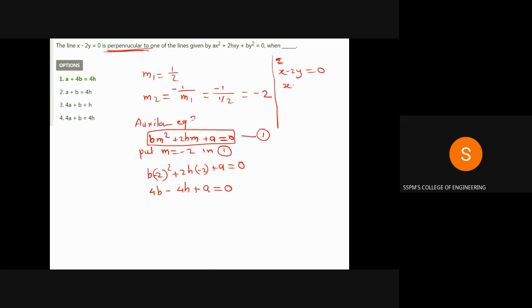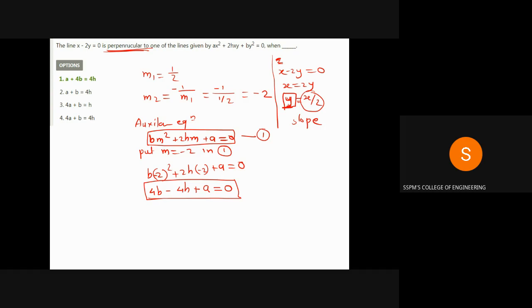That is x is equal to 2y, meaning y is equal to x by 2. So here you should only have y on the left hand side, and on the right hand side the coefficient of x, whatever it is, is the slope. So this is the required answer.